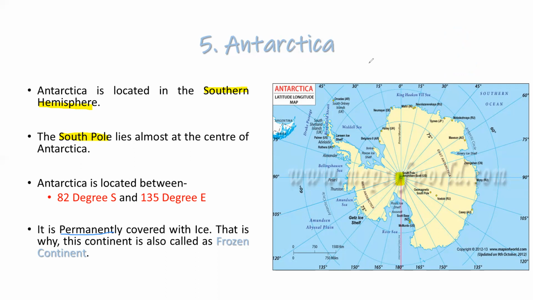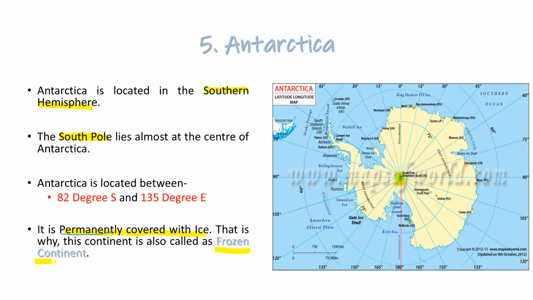Why? Because we already know that the polar regions do not receive direct sunlight. That's why they are completely frozen. They are permanently covered with ice, and that is why it is also called the frozen continent.